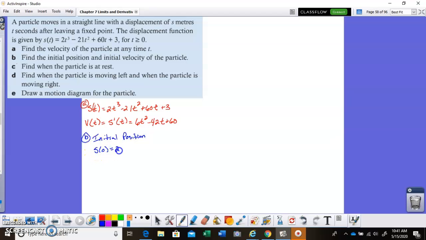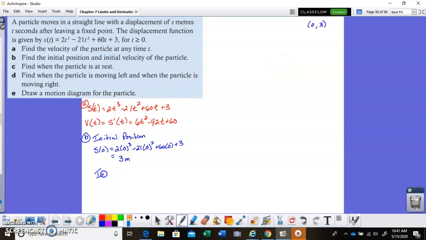So that's 2 times 0 cubed minus 21 times 0 squared plus 60 times 0 plus 3, or 3. So 3 meters. At time 0, we're at the 3 meter mark. Okay, we're going to keep that for one of the next letters.